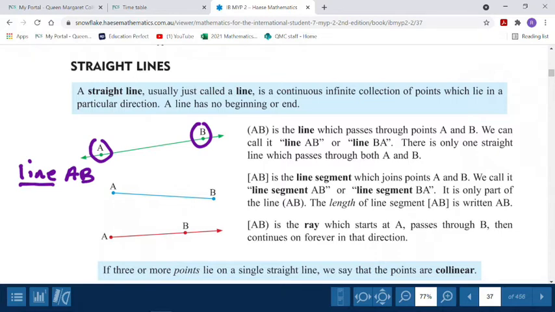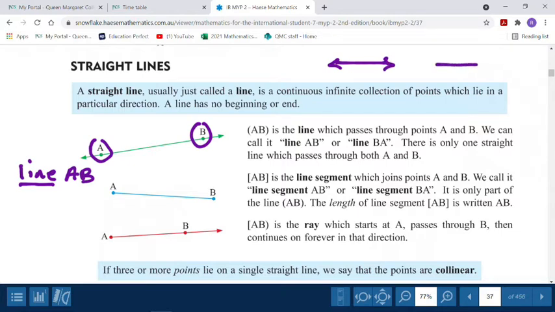A line is an infinite object. It has no starting point, no ending point. It goes forever in both directions. So if I just draw this, that is technically not a line, because it doesn't have the arrows on it saying that it goes infinitely in both directions.